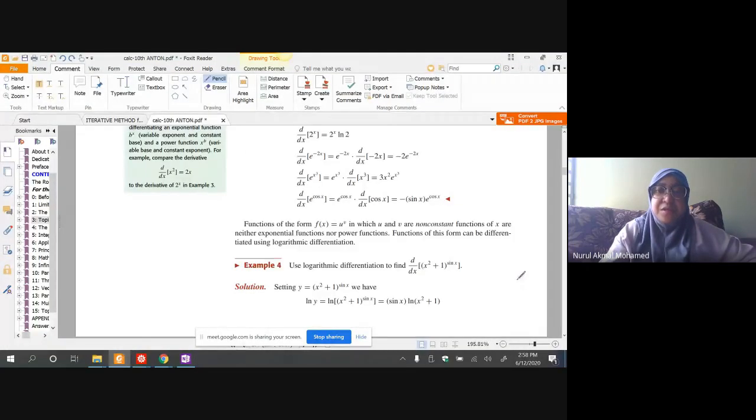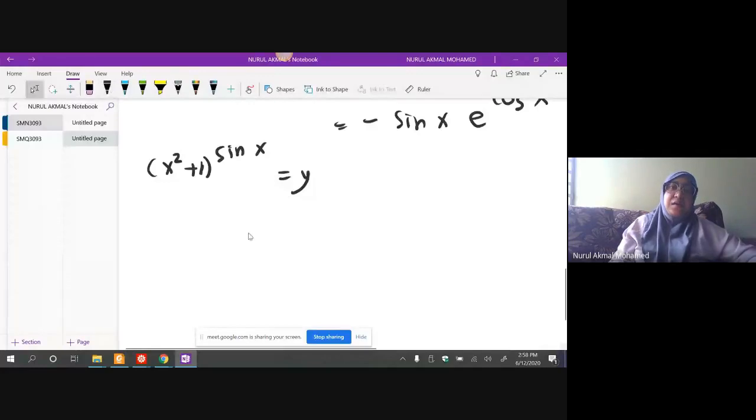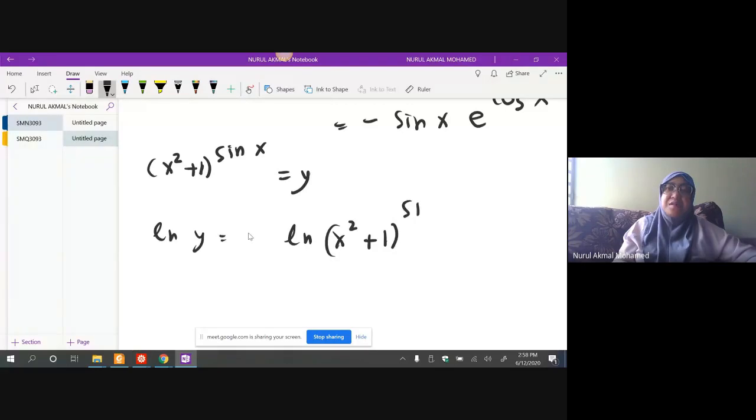So what we do here, we take ln of both sides. What we have is ln y is equal to ln of x squared plus 1 to the power of sine x.